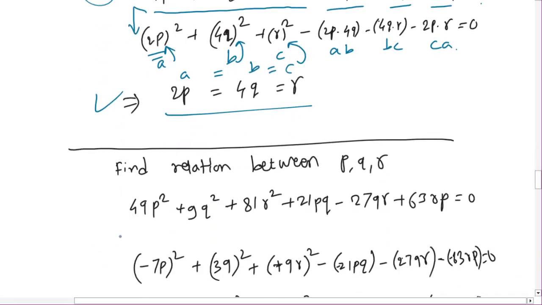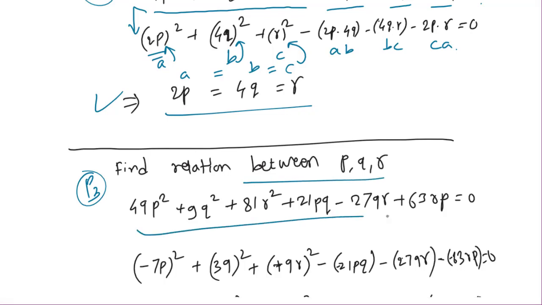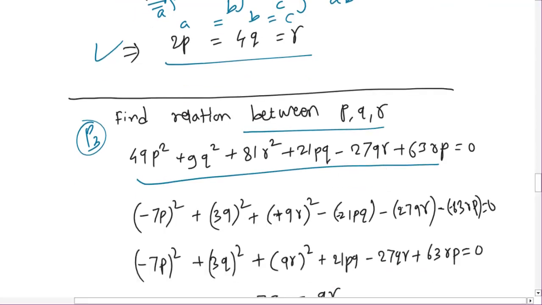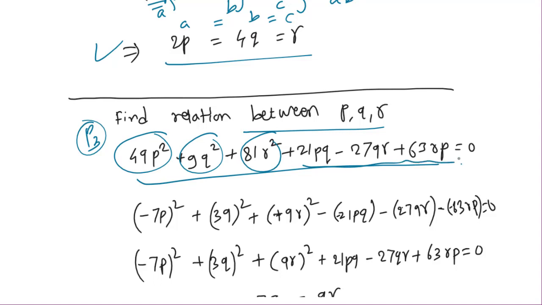Let us look at another problem, problem number 3 here. Find the relation between p, q, r, where this equation is given. So what we can do is, again we can see that there are some squares, right? In this term there are squares and then there are some products. So we will rewrite this equation in such a format that the above formula will hold true. So we can say 49p square is equal to (minus 7p) square.